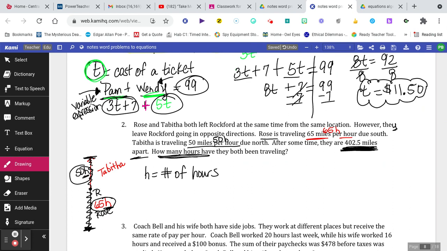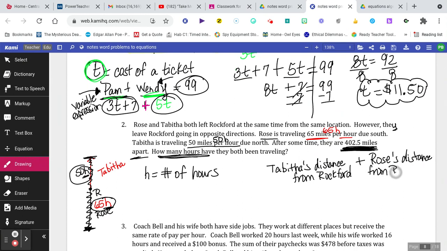So I know the sum of those distances had to equal that. So what I'm going to do is, I know that Tabitha's distance from Rockford plus Rose's distance from Rockford at some point equals 402.5 miles.